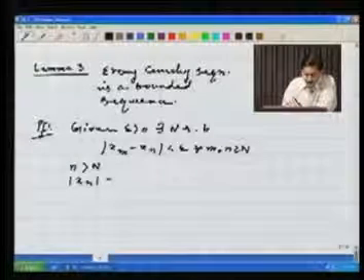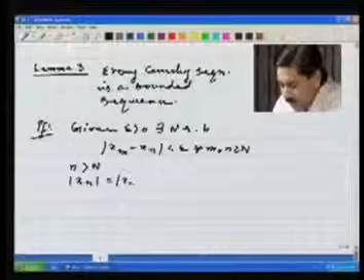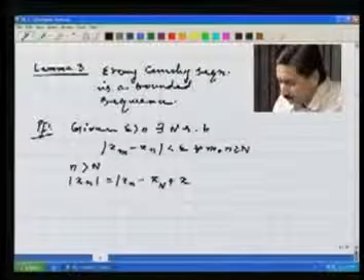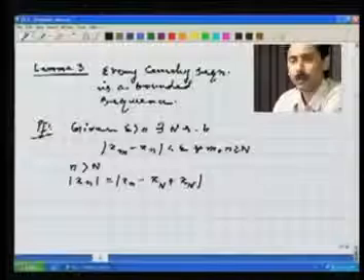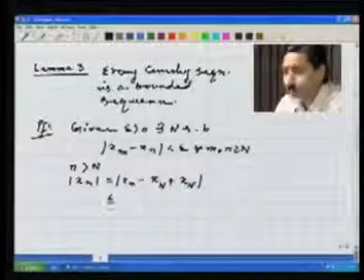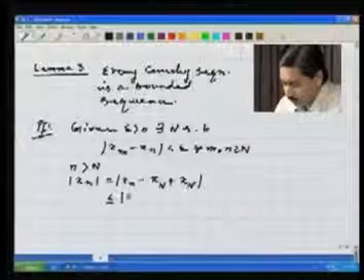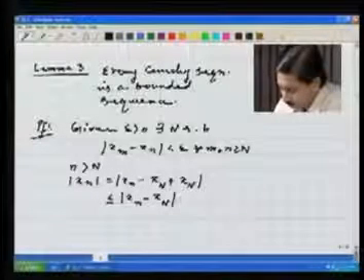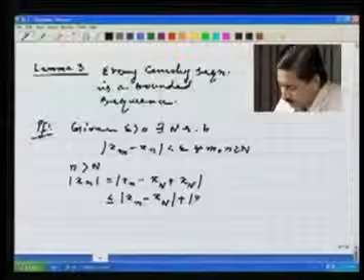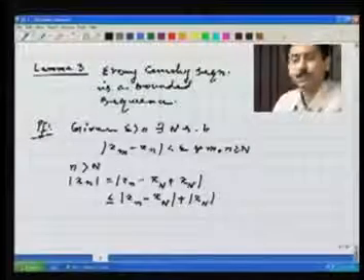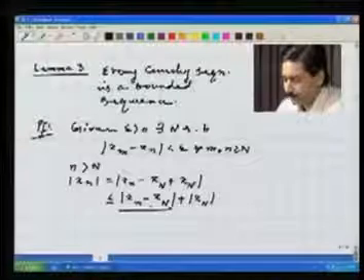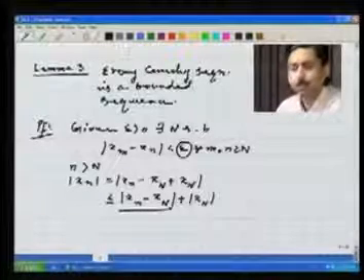I just simply write it as xn minus x capital N plus x capital N. And then I use the triangle inequality in a judicious way, that is, modulus of xn minus x capital N plus mod x capital N. Now this quantity xn minus x capital N is anyway less than epsilon, that I have proved.